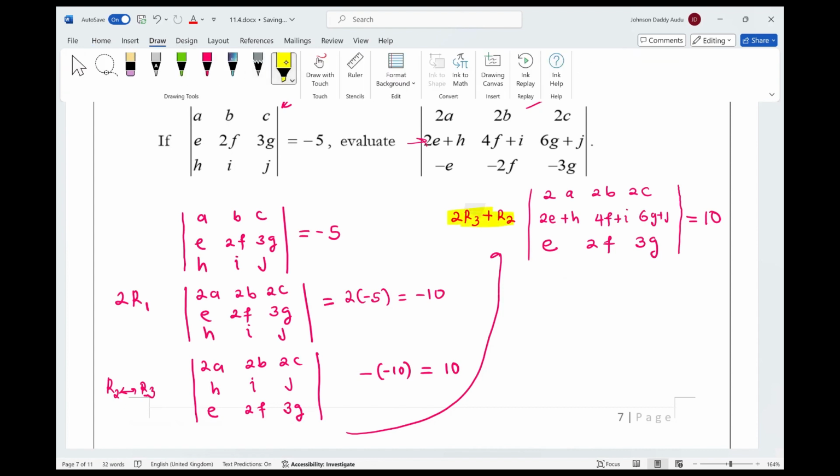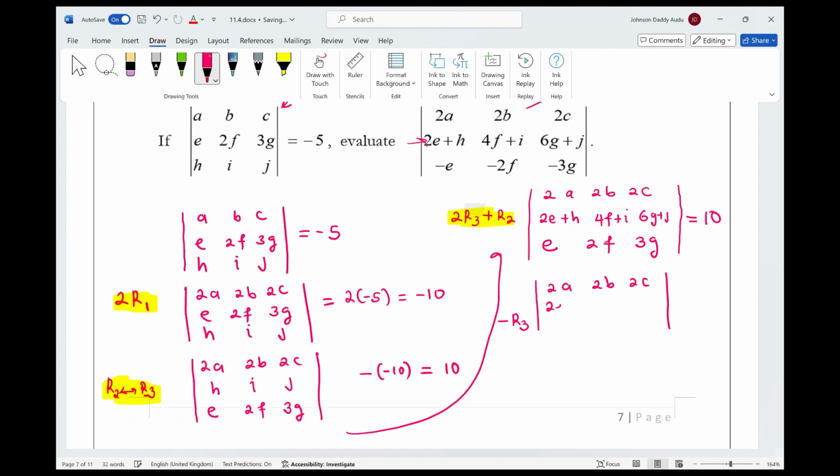This one does not change. Okay, so these are the row operations. Then finally, because we need a minus here, we can multiply the third row by minus 1. So we're doing minus R3. And this will give us the final matrix that we want.